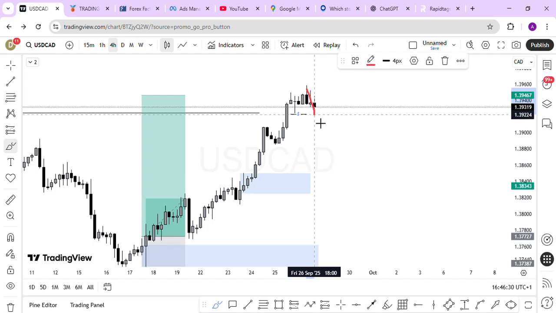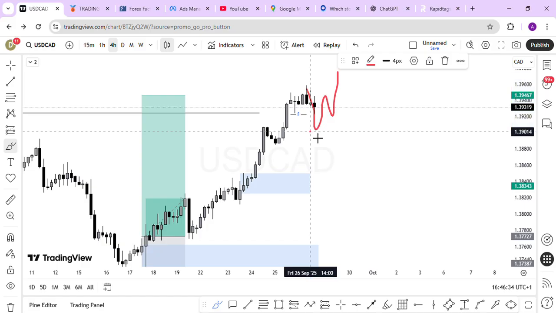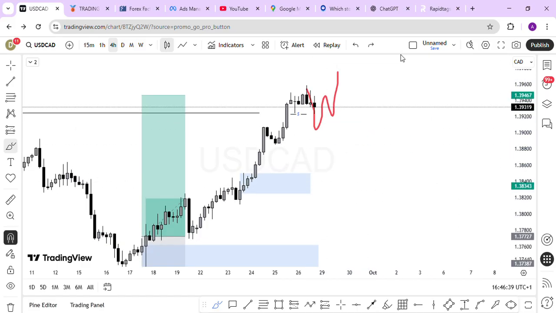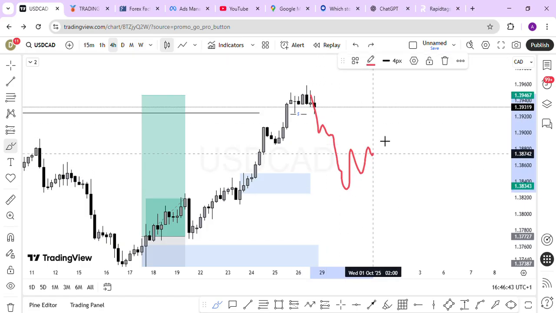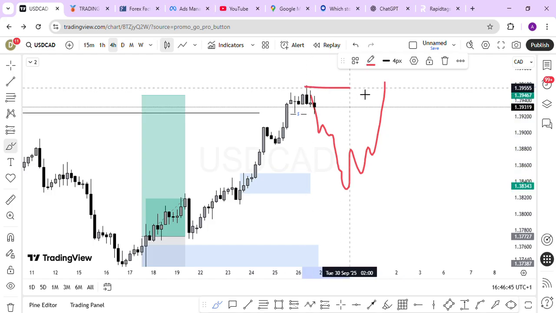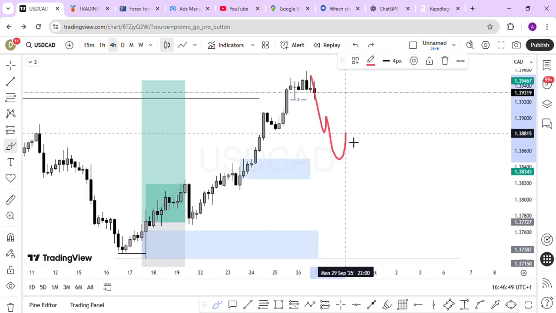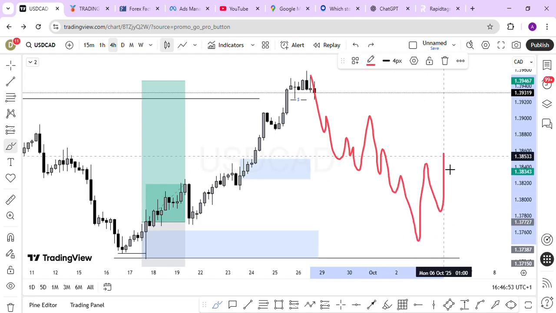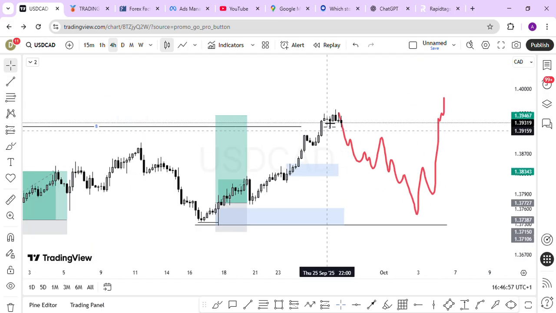If the market takes out this inducement and pushes up, then it means that this is going to be our new level that must be protected. But if that doesn't happen, market pushes down and continues, then it means we have a break of structure. And if that doesn't happen, market pushes down, pushes up, then fails, then we are expecting to buy from this level. So this is my view for the next week.